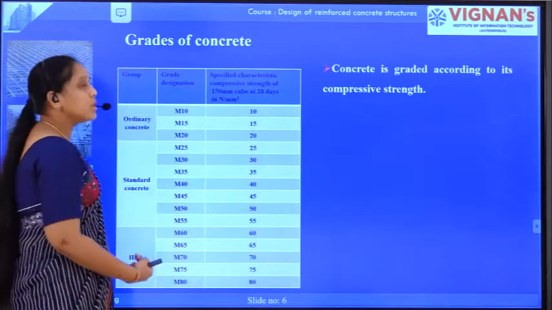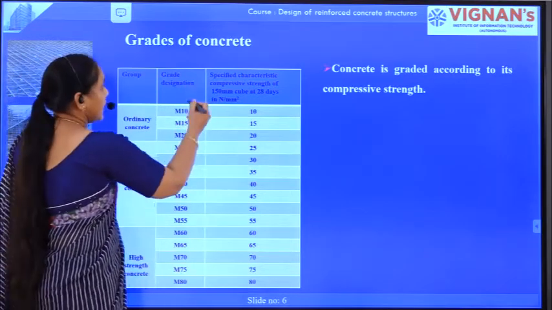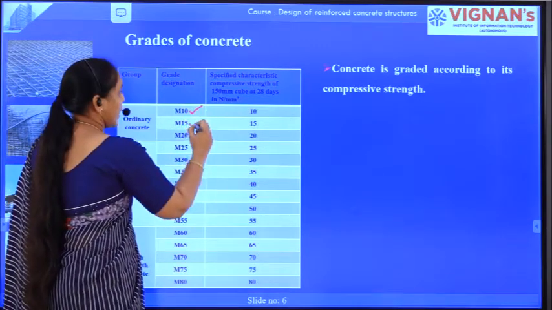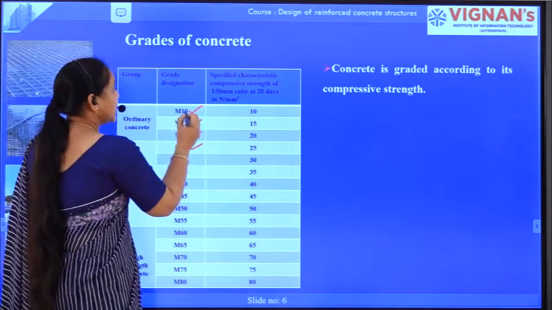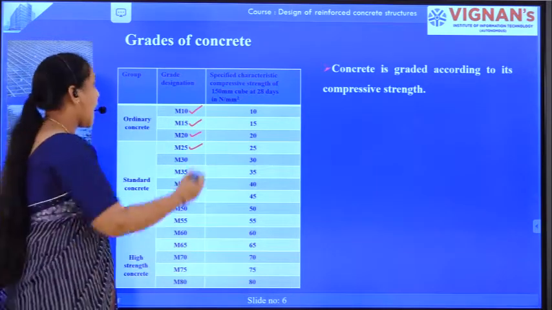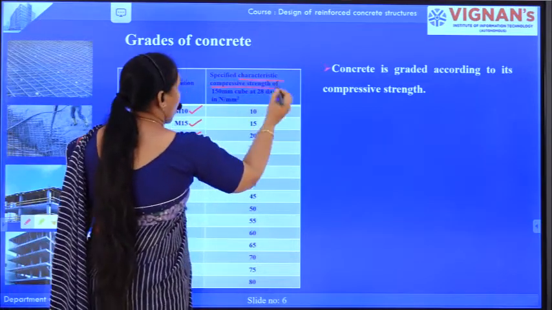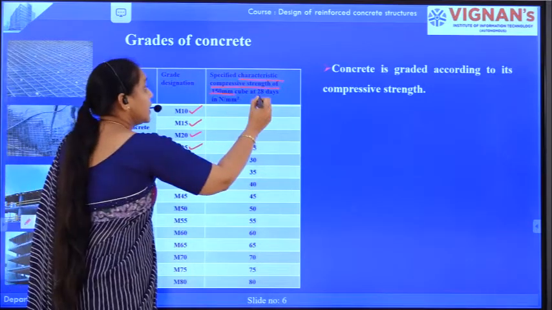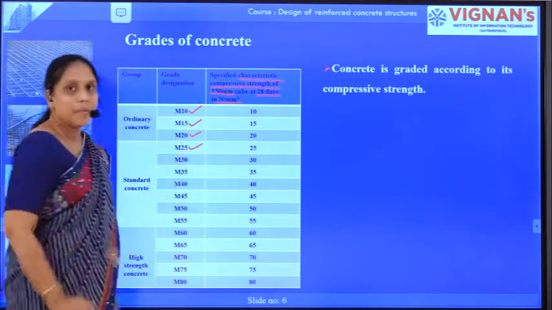If you observe this particular table, the grade designation of concrete is generally M10, M15, M20, M25 and so on, where M refers to the mix and 10 refers to the characteristic compressive strength of 150 by 150 by 150 mm cubes at 28 days of curing in Newton per mm square.